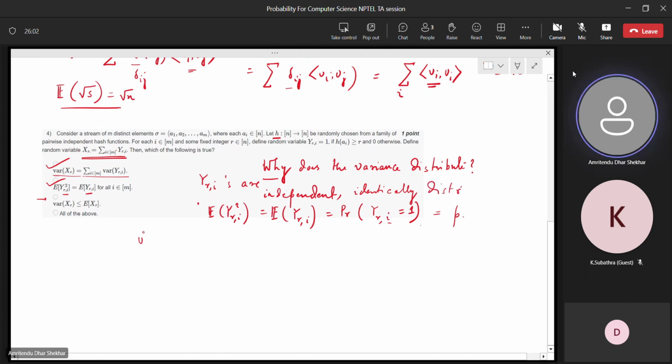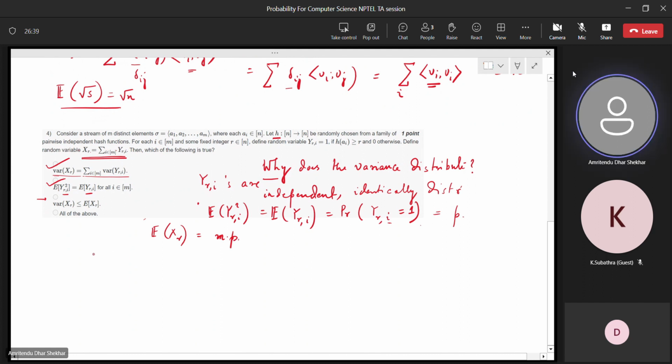So the expectation of X_r is equal to the sum of the expectations, there are m such ones, so the expectation of X_r is equal to m times p.